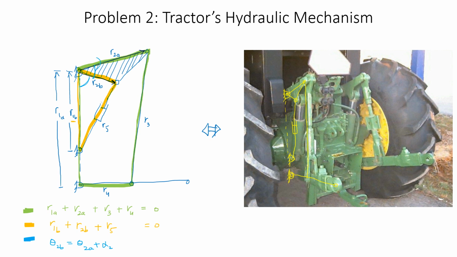I'm labeling this one as alpha 2, which means the angular displacement corresponding to r2b is related to the angular displacement corresponding to r2a by a fixed angular displacement between the two because of the ternary link that we have specified already. So you now have three equations which are going to define the internal working of this mechanism in the subsequent slides.